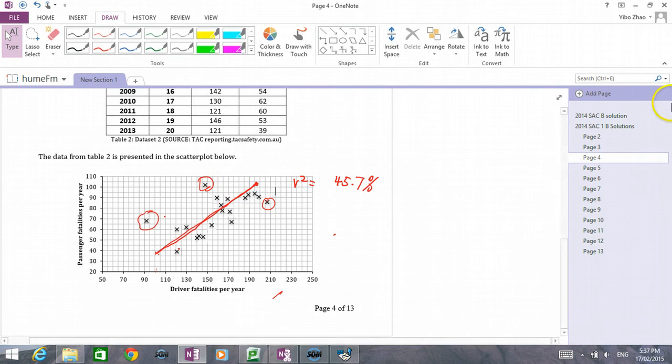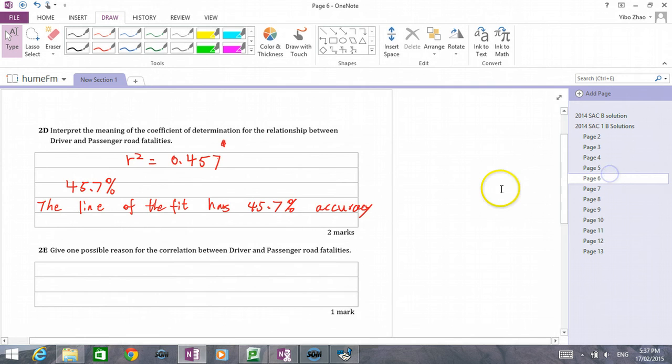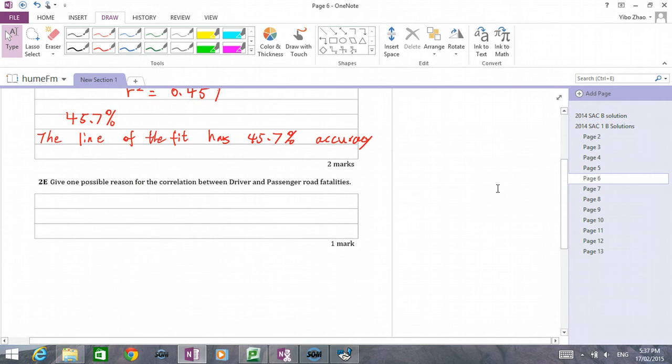Now let's go on to the next part, 2E. 2E is asking me to give a possible reason for the correlation between drivers' and passengers' fatalities. Why do we have more passengers die when more drivers die?